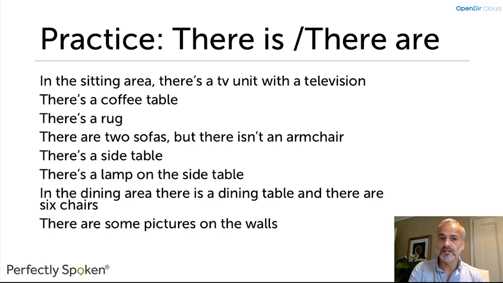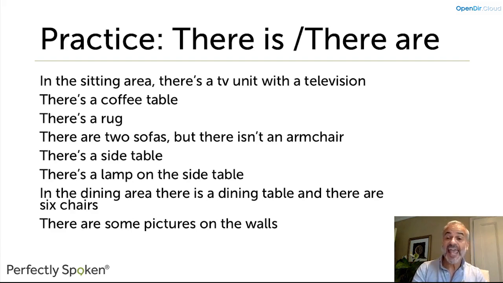There's a rug. There are, plural, 2 sofas, but there isn't, negative, there is not, there isn't an armchair. There's a side table. There's a lamp on the side table.